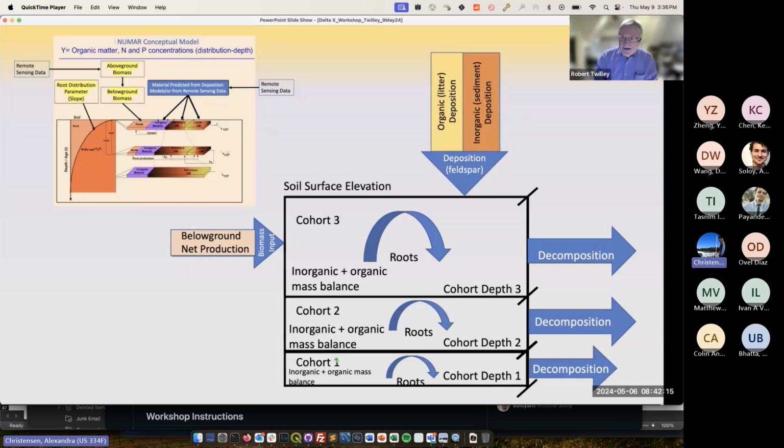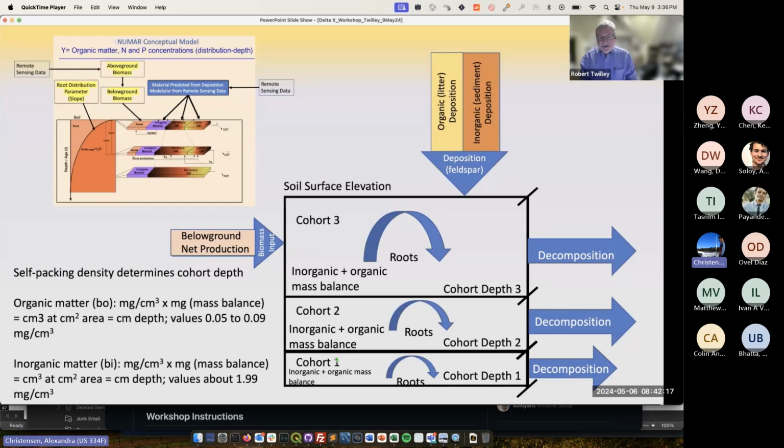Now, one parameter I want to emphasize real quick is called the self-packing density. And this is really critical because the way we actually calculate accretion and elevation is the mass balance.